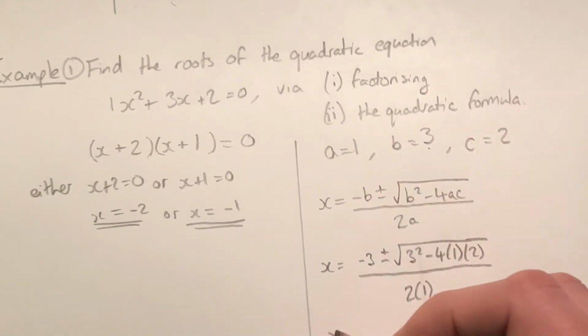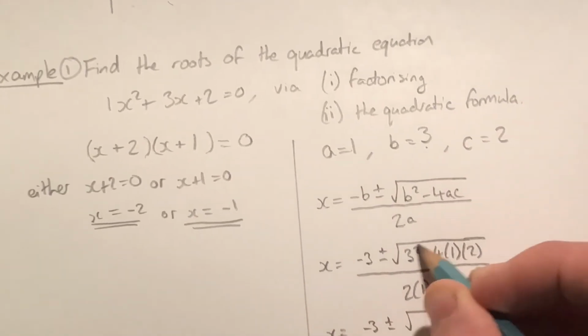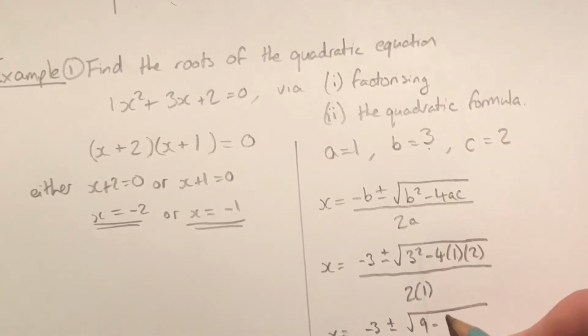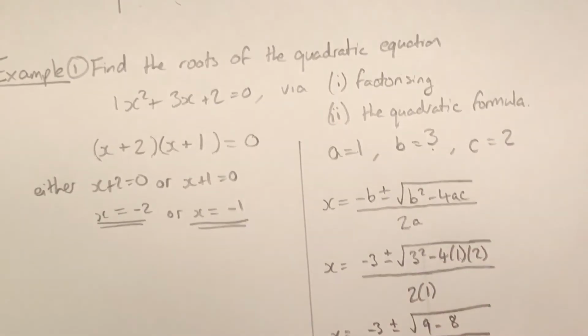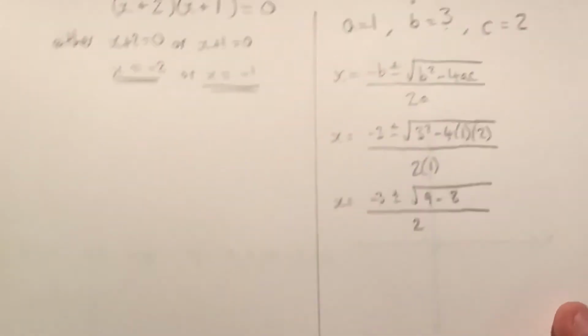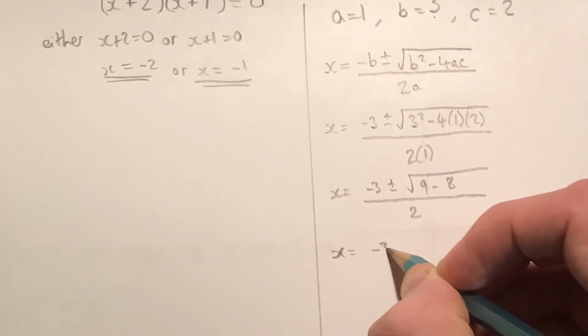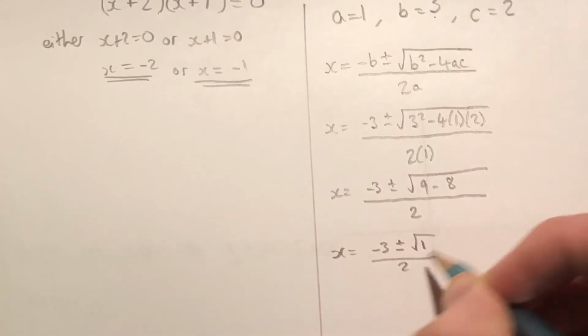And now we start battering our way through this. We've got minus 3 plus or minus the square root of 3 squared, which is 9, minus 4 times 1 times 2, which is 8, and 2 times 1 is 2. Okay, so that's minus 3 plus or minus the square root of 1 over 2.